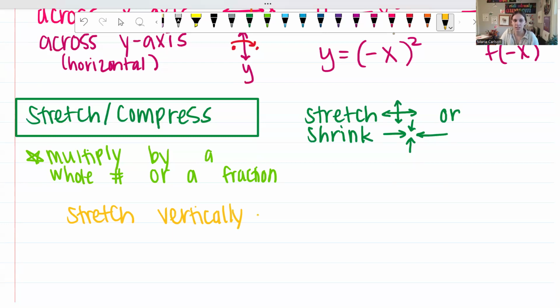I'm stretching it out. Essentially what's going to happen is our parabola is going to be a lot skinnier. So the way this will happen is if we take this x squared and we multiply it by some value a. So if I have some a x squared, where a is bigger than 1.